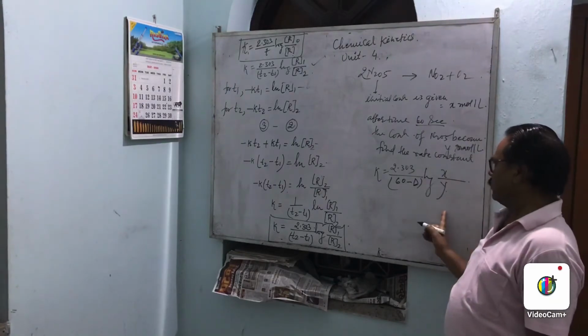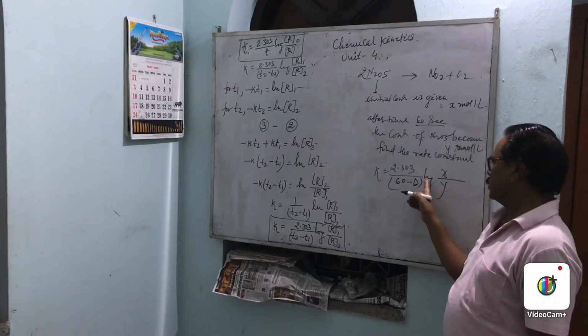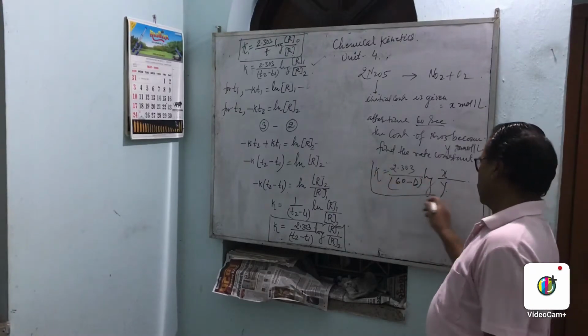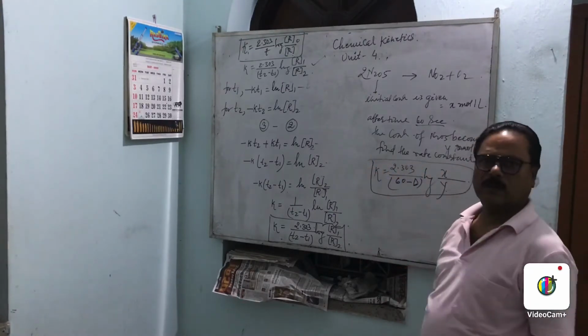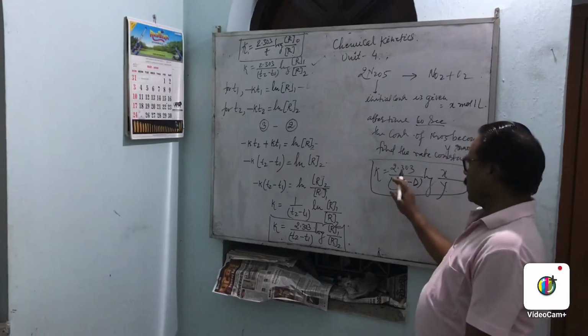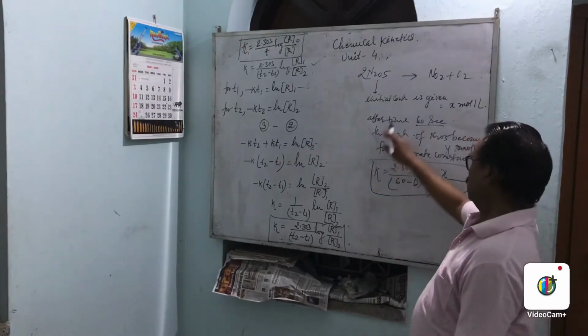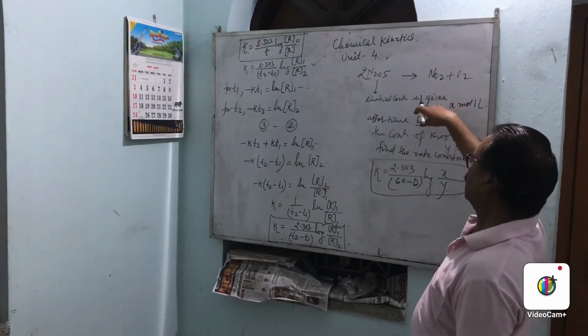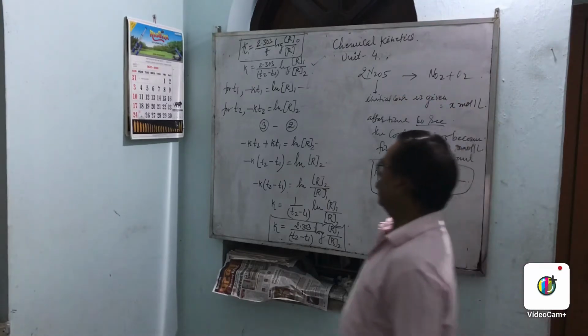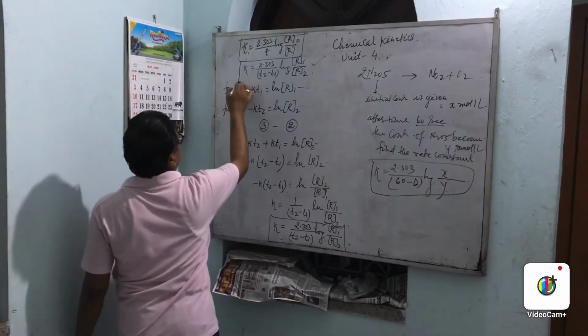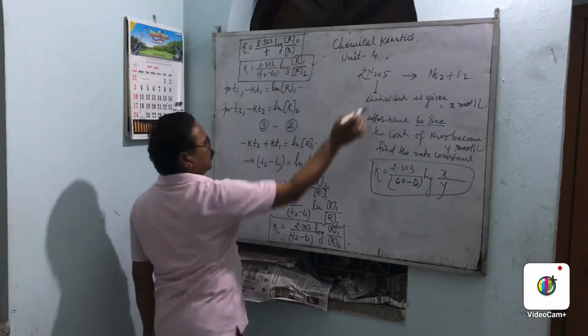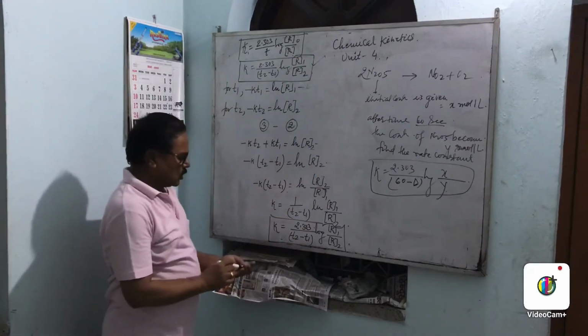By putting in the values and taking the log, we are able to calculate the rate constant of the reaction. This problem is given in your book. I have not taken the numerical data. I have solved it by the concept, showing how we apply the formula to solve such problems.